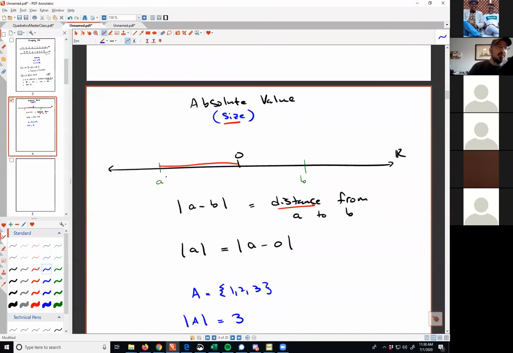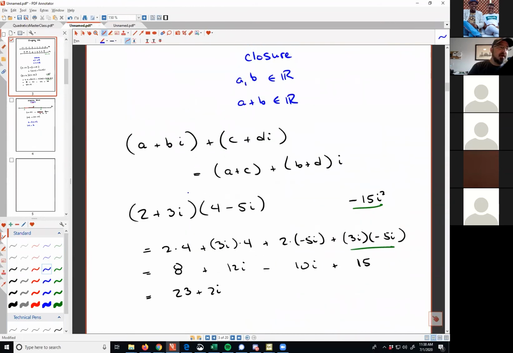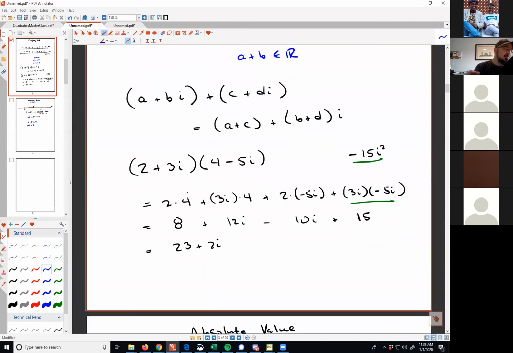Now, I want to point something out. We multiplied 2 complex numbers earlier. Let's take a look at all of the absolute values. What is the absolute value of 2 plus 3i? 2 squared plus 3 squared. Root of 13.